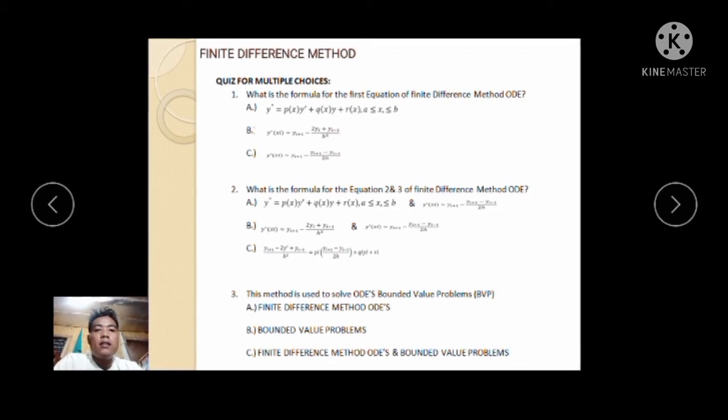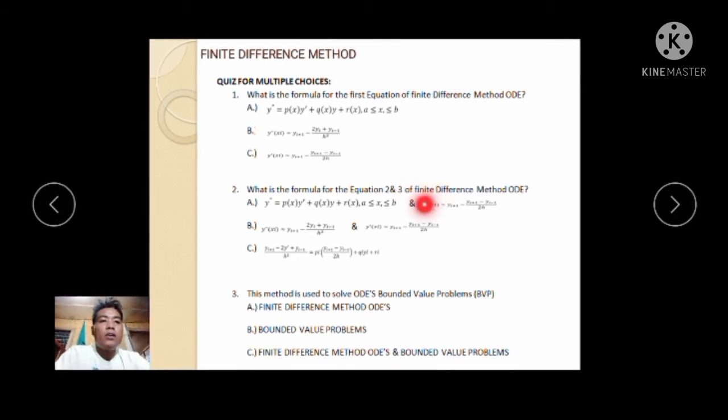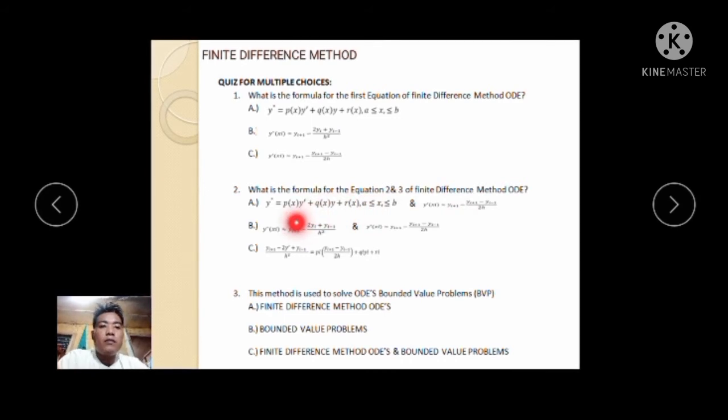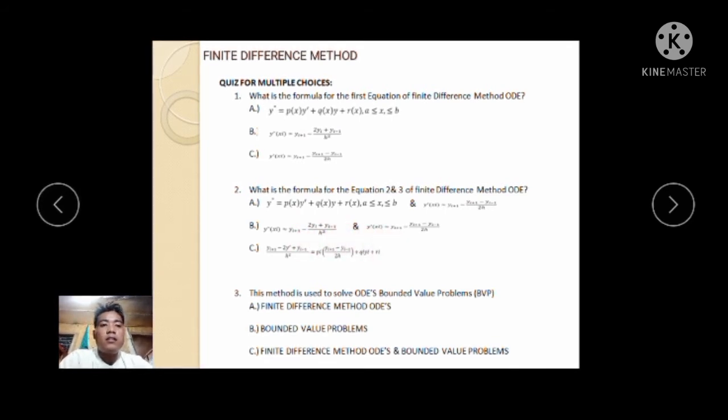Then for multiple choice number 2: what is the formula for equations 2 and 3 of the finite difference method ODE? These are the choices: A, B, and letter C.